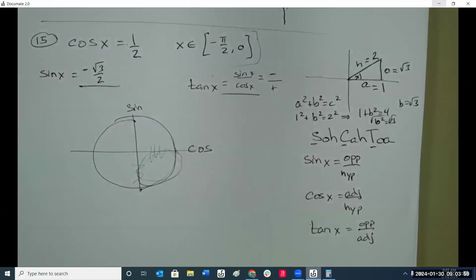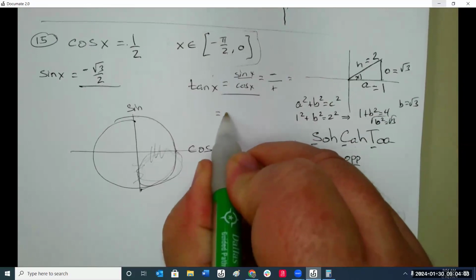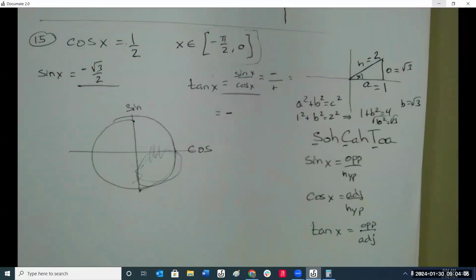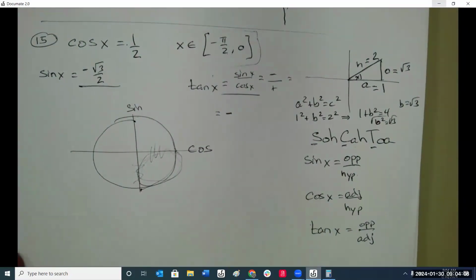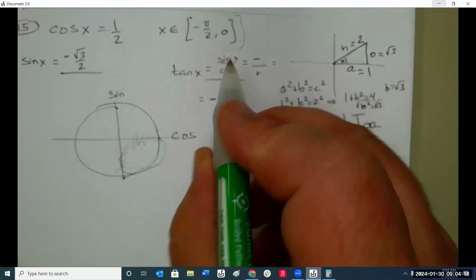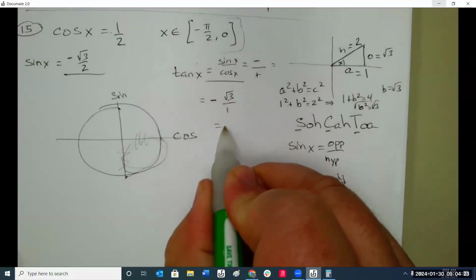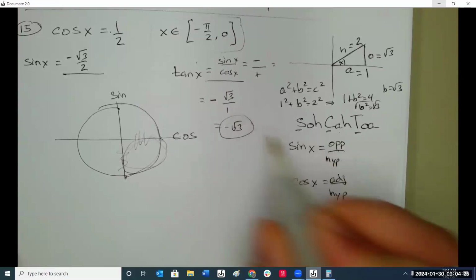So the answer is going to be what? Positive or negative? It's going to be negative. So we know the sign of the answer is negative. So just look at opposite over adjacent. Opposite is radical 3. Adjacent is 1. So the answer is negative radical 3.